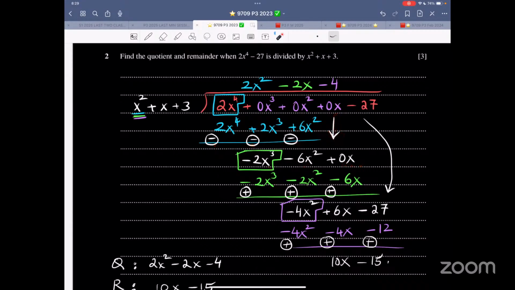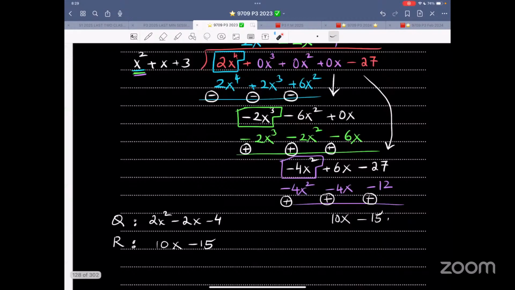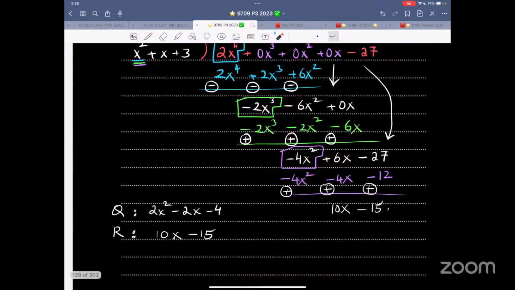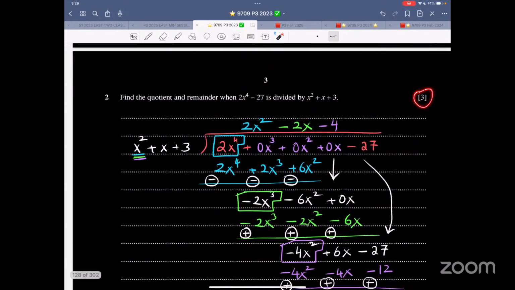And then repeat the same process. -2x cubed over x squared, -2x. Repeat the same process. You are left with 2 terms, pull this one down. And then the remainder is this, because it's asking for quotient and remainder. So that is the quotient, that is the remainder, that is just a basic algebra question.